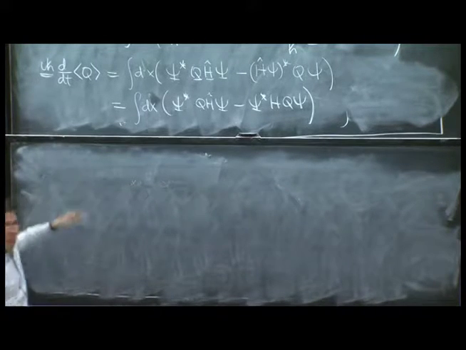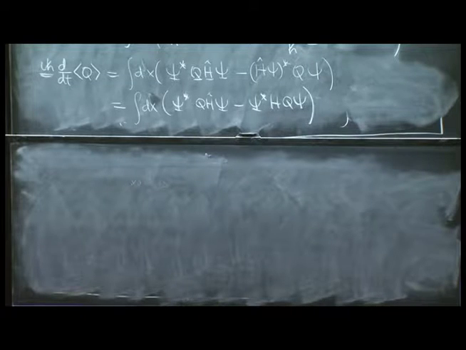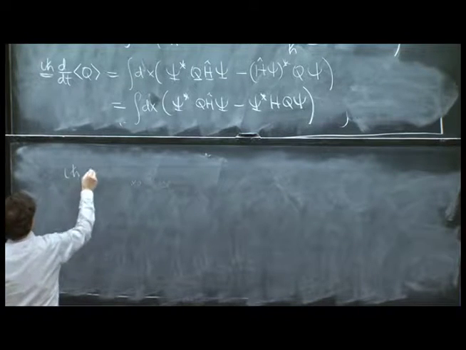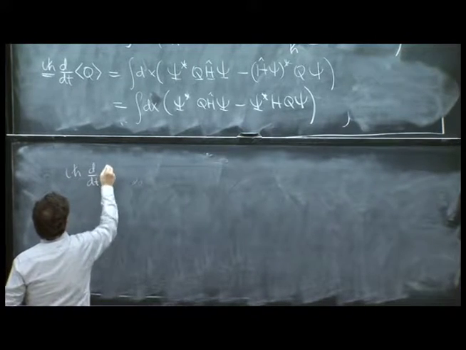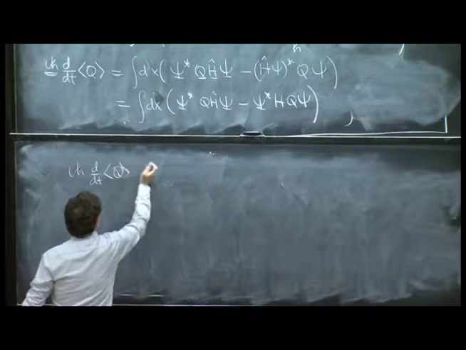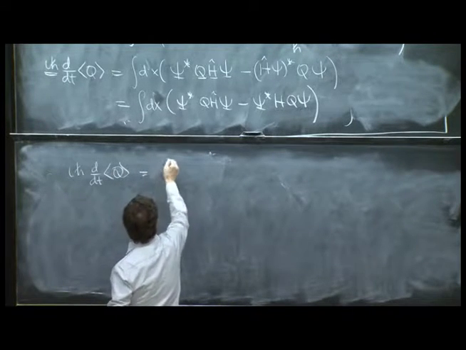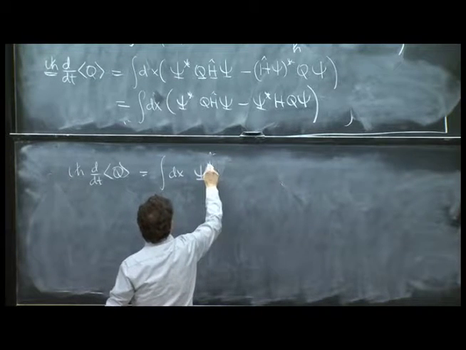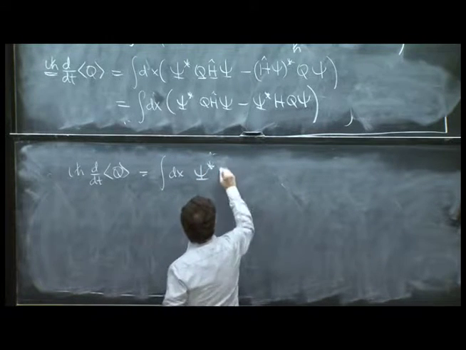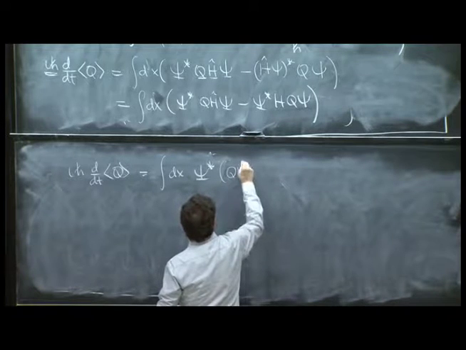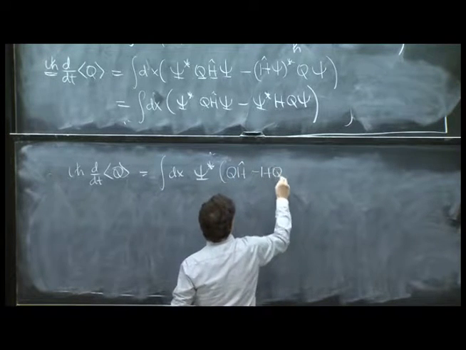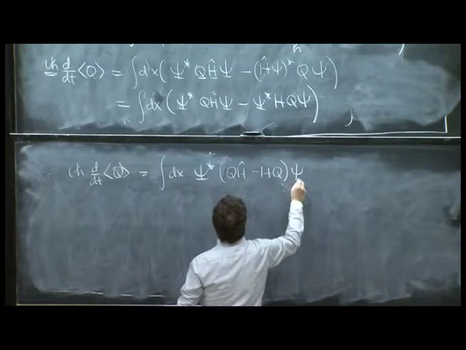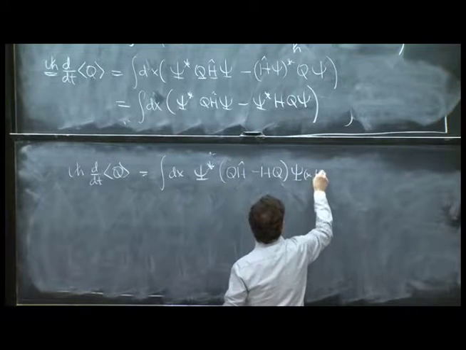And this is maybe one of the reasons commutators are so important in quantum mechanics. So what do we have here? i h bar d/dt of the expectation value of q is equal to the integral dx of psi star, (q h minus h q) psi, and this is all of x and t.